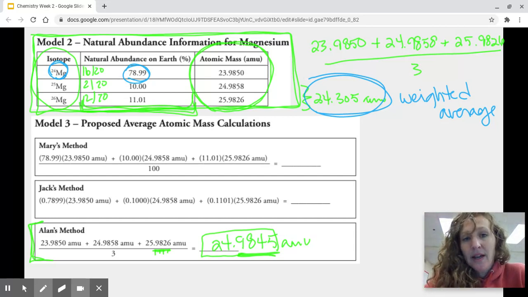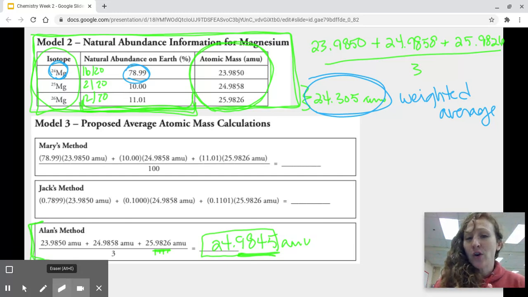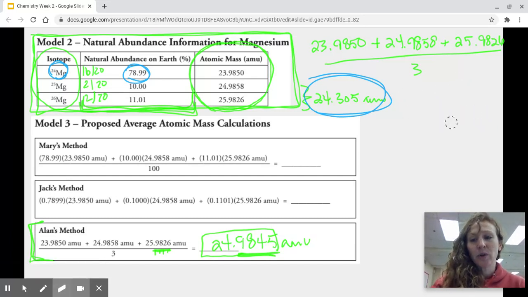And that's what a weighted average does. It takes your values and proportionately weights them towards certain things, like abundances. Now, notice that the average we just did also weights our values, but it weights them equally. Let me show you what I mean.